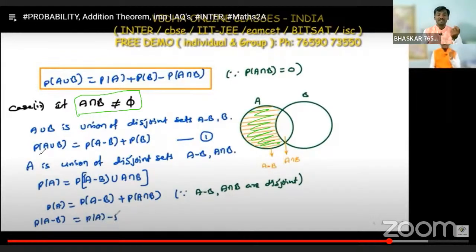Intersection part 0 means probability of A union B is equal to probability of A minus B plus probability of B, the union of two disjoint sets. The set A is also the union of two disjoint sets: A minus B, this part, as well as A intersection B, this part.